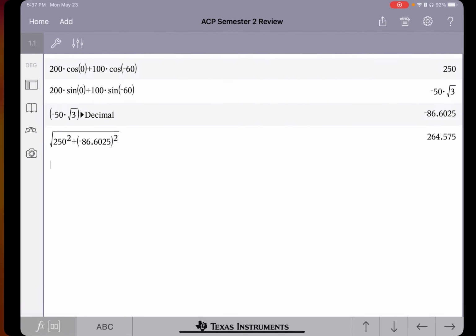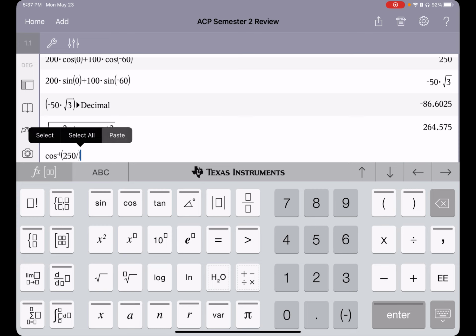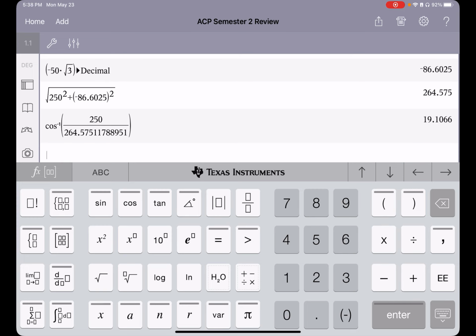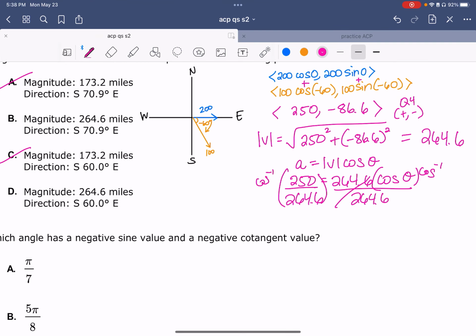Okay, so let's go to the calculator. Inverse cosine of 250 divided by the answer. Copy and paste and enter. So you get 19.12 degrees.